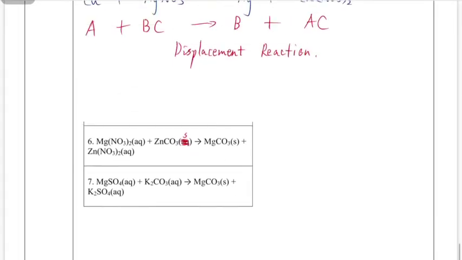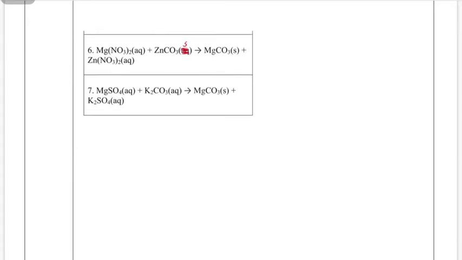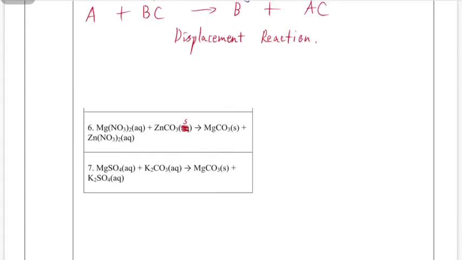If we use letters to represent that, it will have this pattern: AC plus BD, and then they exchange their cation and anion, and it becomes BC plus AD. Again, because they exchange ions, we call it a displacement reaction.